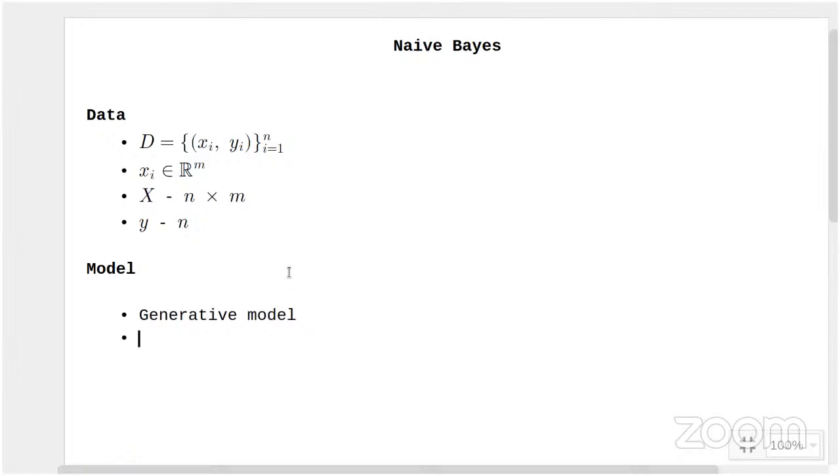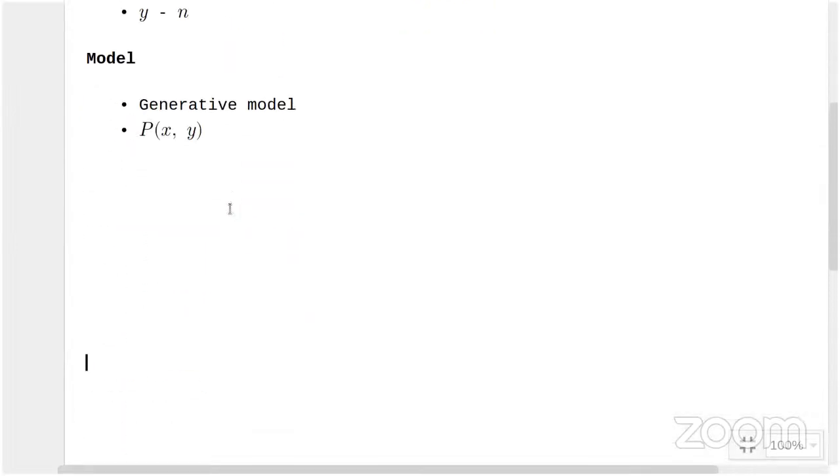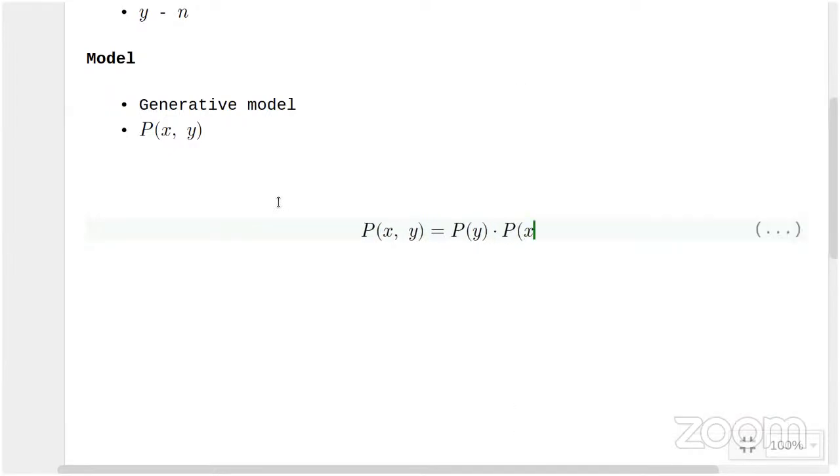You try to model P of X comma Y, the joint probability, and we split it as follows: P of Y into P of X given Y. A few technical terms here: the first expression, P of Y, is called the prior, and this is the likelihood, but I like to call it the class conditional density.